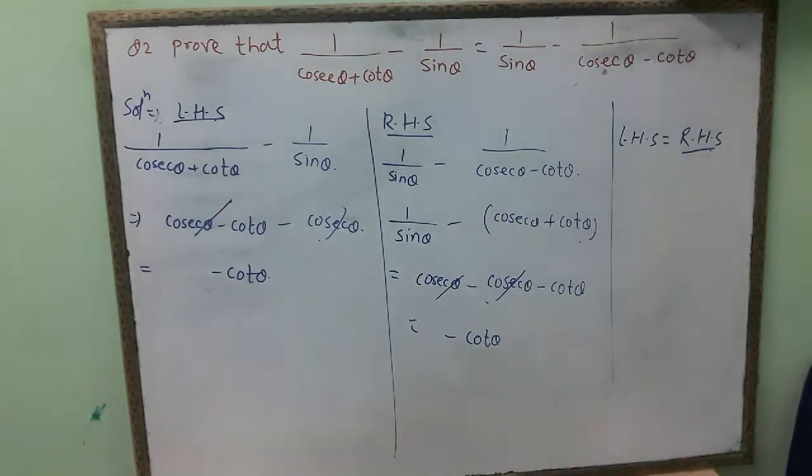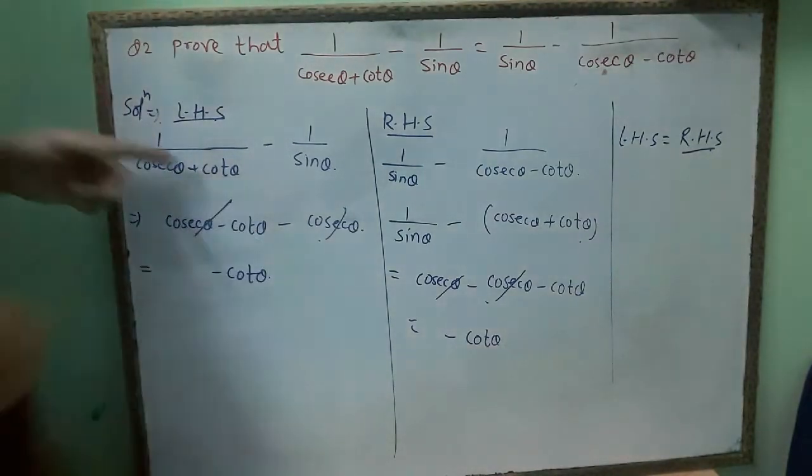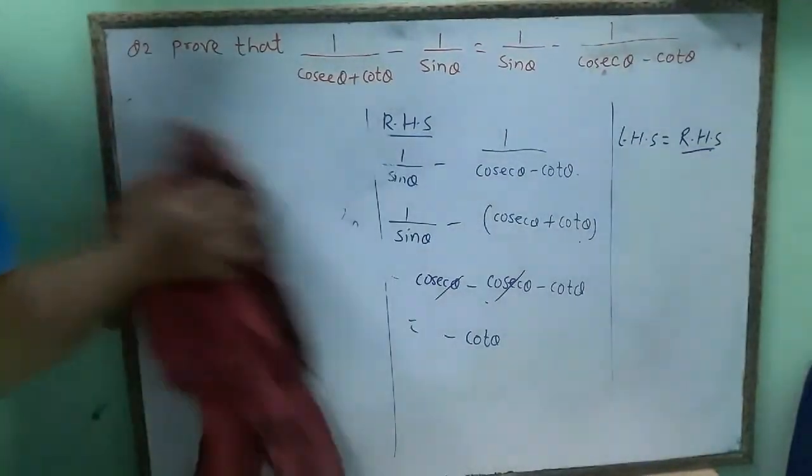You can prove these types of question. I am writing the question and you can prove this question by this method, it will be easy for you to solve such types of question. And this is really a very important question as per the board examination. Practice at your home.